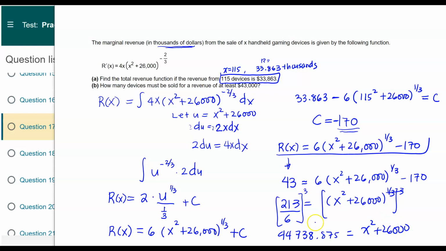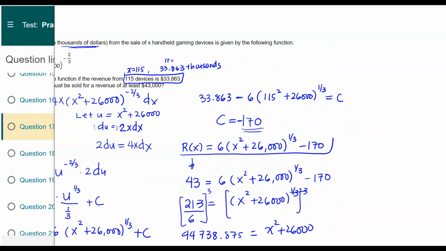So now you move that 26,000 to the other side of the equation. X squared is equal to 44,738.875 minus 26,000, and that is equal to 18,738.875. Then you take the square root to get x.